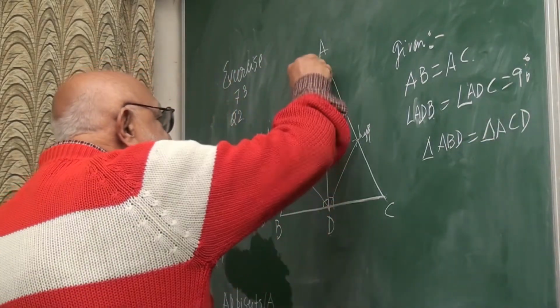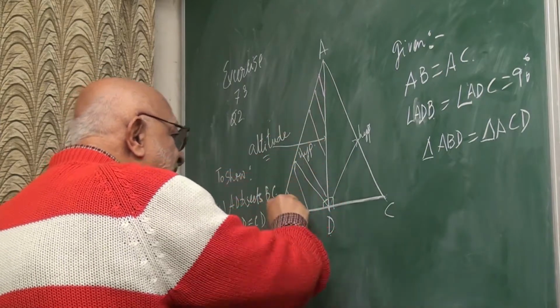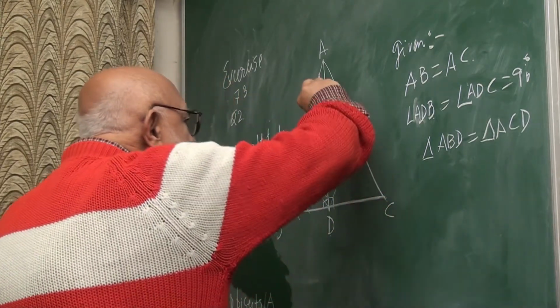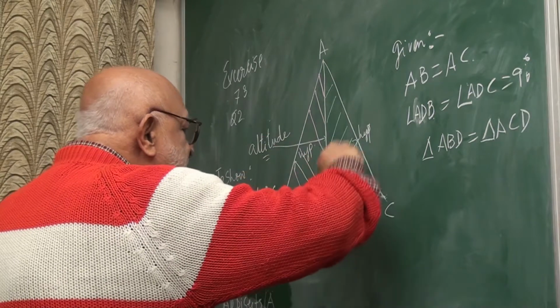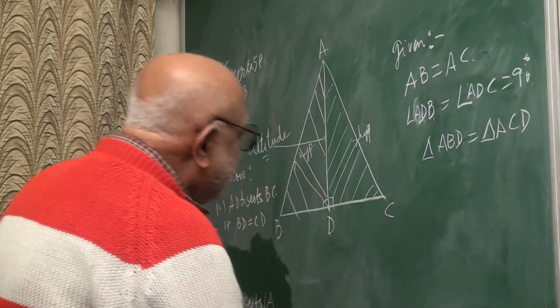I am taking this triangle, hatch it properly. Okay, this one is hatched. So I will hatch the other one too in the opposite direction. So this is also done. So these are the two triangles I am going to take.